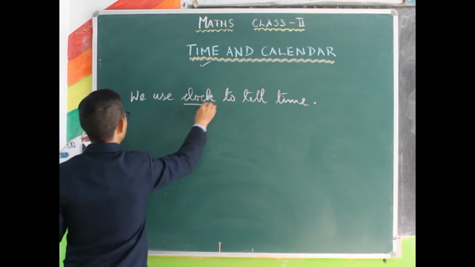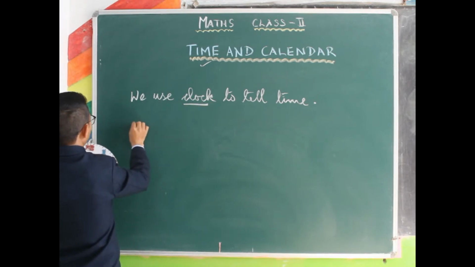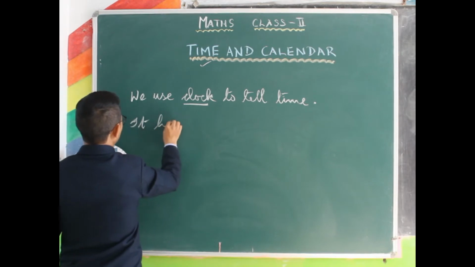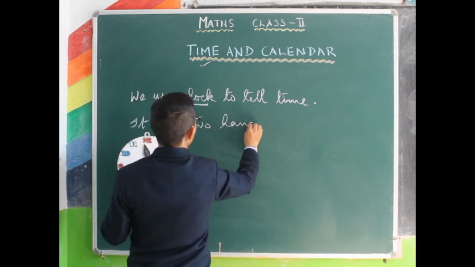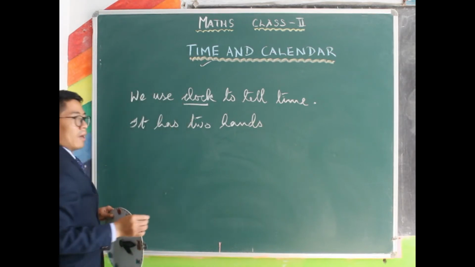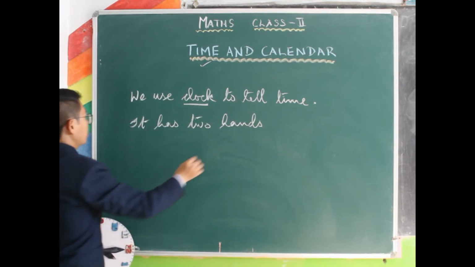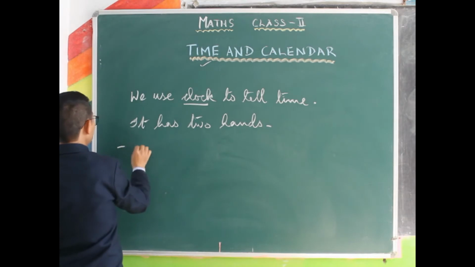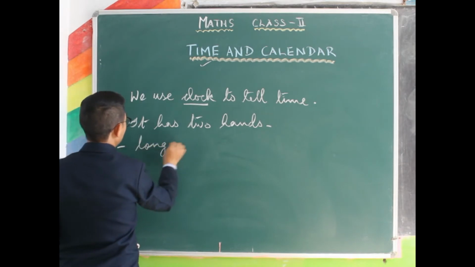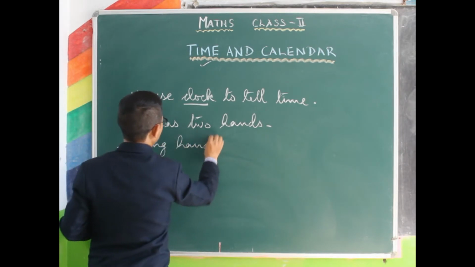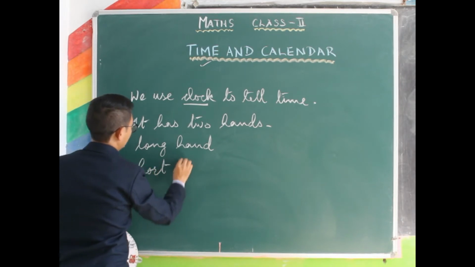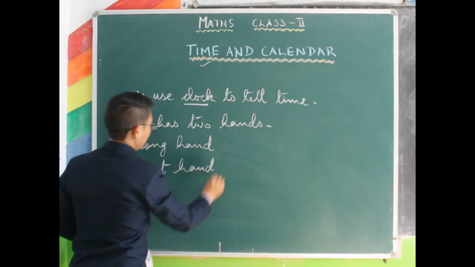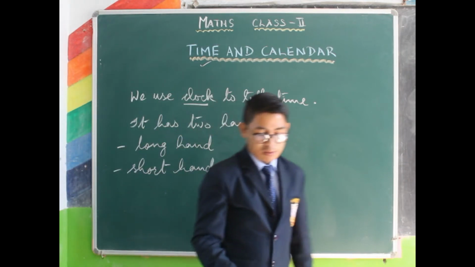Now the clock has two hands. Every clock has two hands. One is the long hand and the other is the short hand.